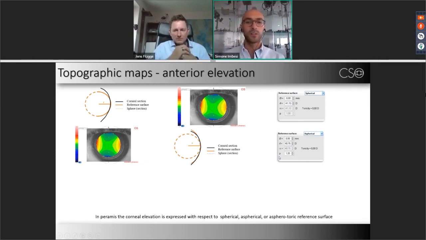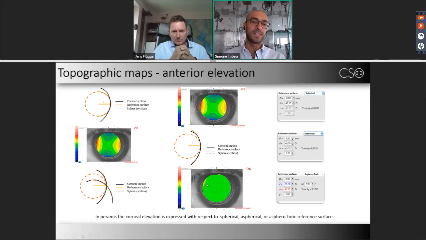In other words, a number that expresses how the cornea gets flat or steep going from center to periphery. And the last reference surface, which is more similar to the corneal shape, as you can see from the altimetric map, is the asphero-toric surface.